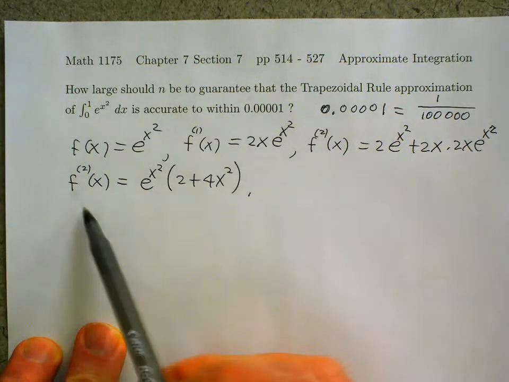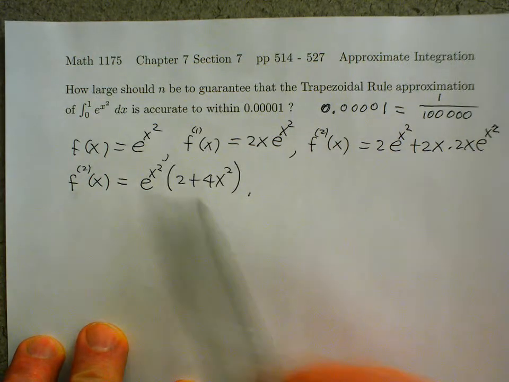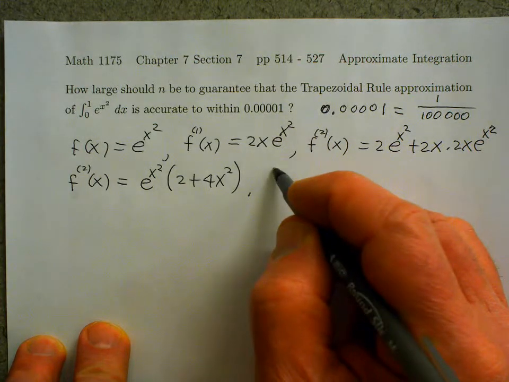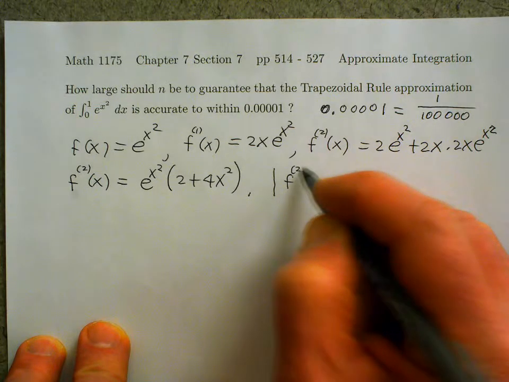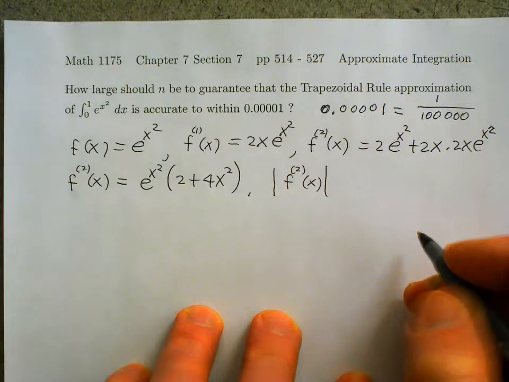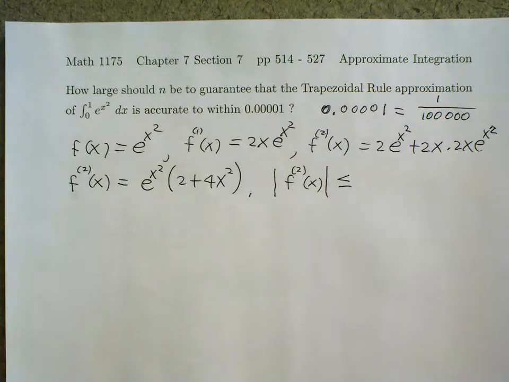So all of the values of the second derivative are positive on the interval from 0 to 1. So we don't really need the absolute value symbols, but I'll go ahead and put the absolute value of the second derivative of f of x has to be less than or equal to k for all values of x on the interval from 0 to 1.